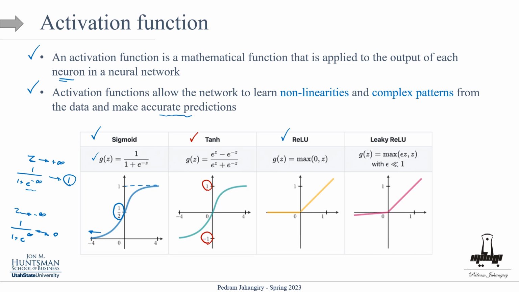So if your input is anything less than 0, let's set it to 0. If it is anything greater than 0, it's going to be 1 for 1, right? As you can see, the relu activation function is super simple, but surprisingly, it has been shown that it improves the training speed of the network dramatically, and it simply works.